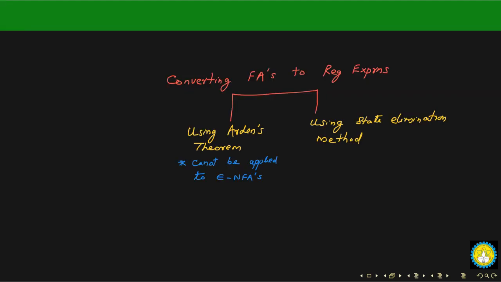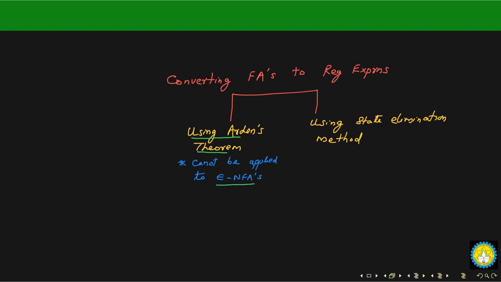Now, before actually getting into Arden's theorem, let's understand the ways of converting a given FA to a regular expression. So given an FA, we can convert it into a regular expression using two methods. One of the methods is by using Arden's theorem. Remember, very importantly, Arden's theorem cannot be applied to epsilon NFAs.